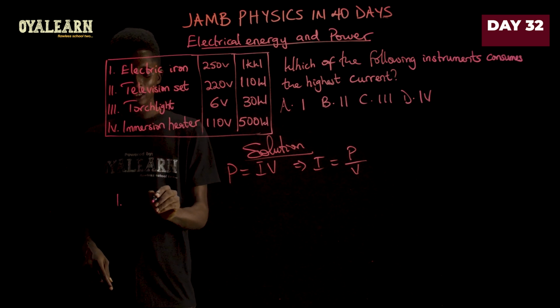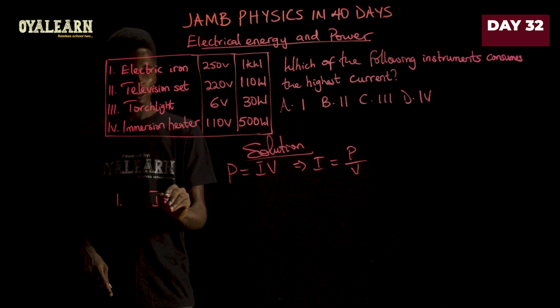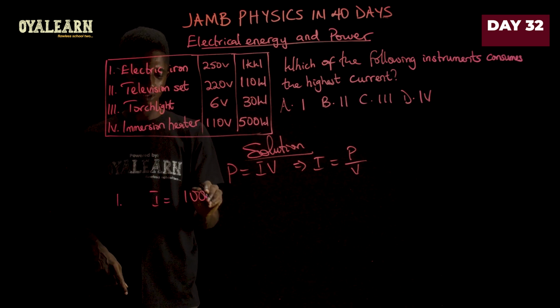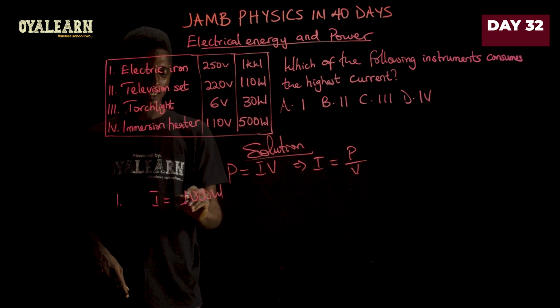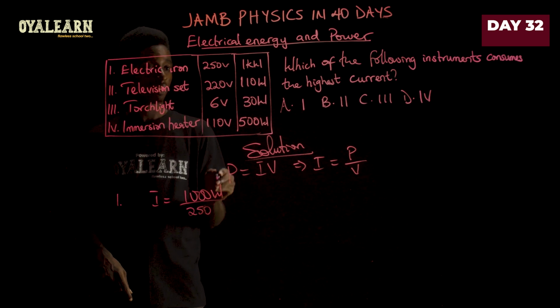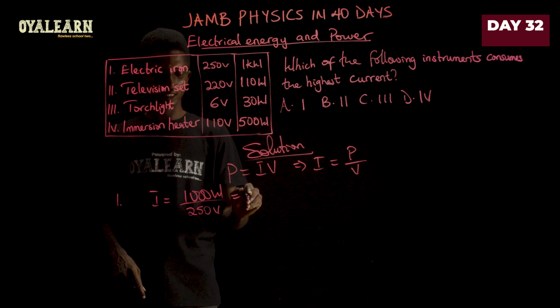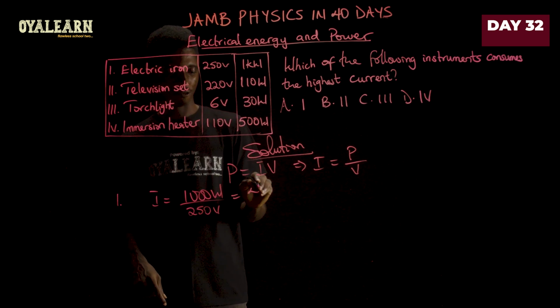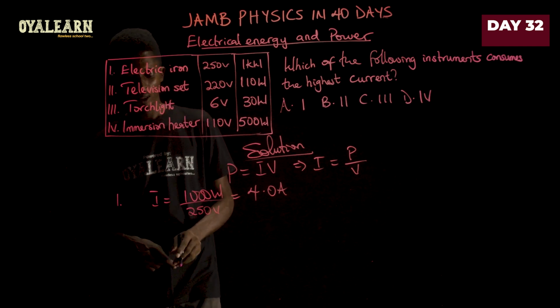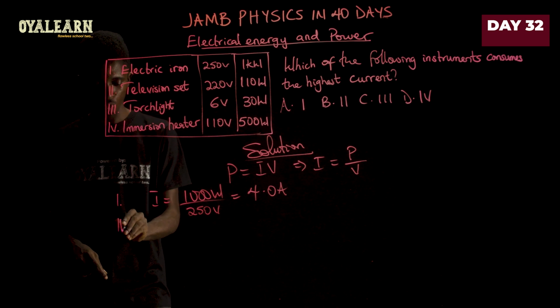For equipment 1, the current equals the power, which is 1 kilowatt, that is 1000 watt, divided by 250 volts. Now, this would give us 4.0 amperes. Now, equipment 2.